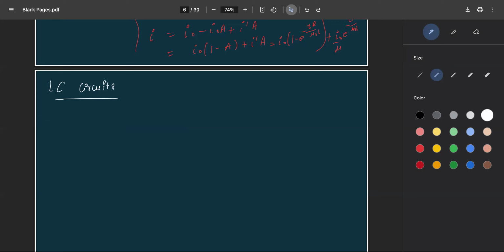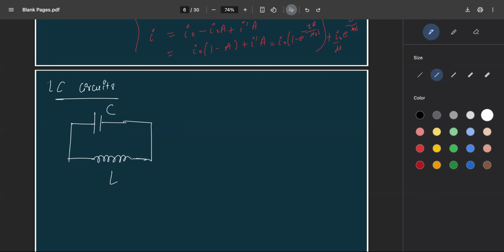So can we create an LC circuit? Yes. Assume that I'm having this kind of circuit. LC oscillations basically we are going to discuss. And here you have an inductor. This is L, this is C. Positive, positive. We don't know whether it's positive or negative.